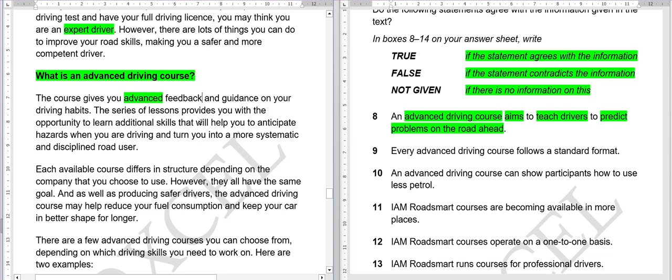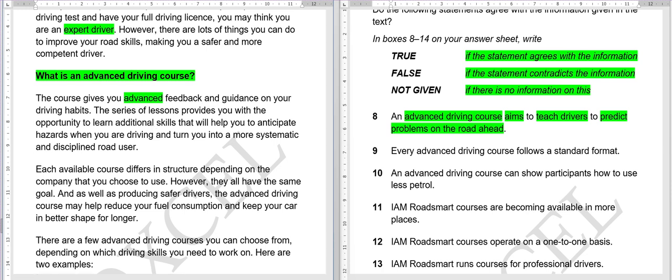So the series of lessons will help you to learn additional skills to anticipate hazards when you are driving, and to turn you into a more systematic driver and disciplined road user. Okay, so yes, there is something about anticipation, prediction.